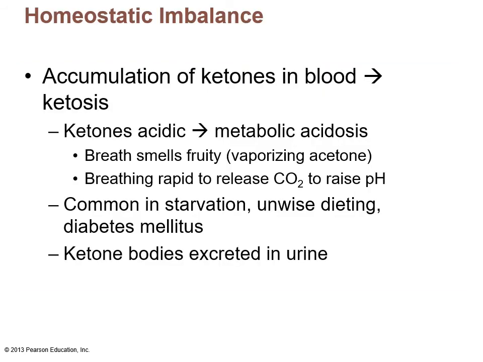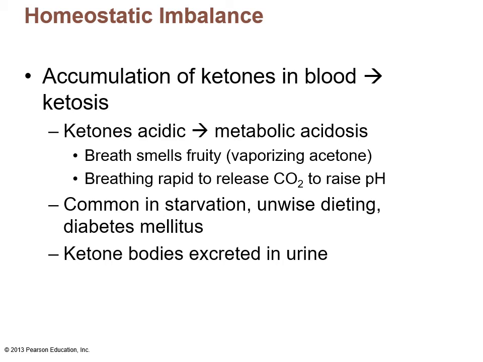So accumulation of ketones in the blood results in ketosis. Ketones are acidic, and they result in metabolic acidosis. And when people are in ketosis, the breath smells fruity. Ketones have a fruity smell to them, and that's the vaporizing of the acetone. And the compensation is to breathe rapidly to release CO2, because CO2 levels increase or decrease pH.